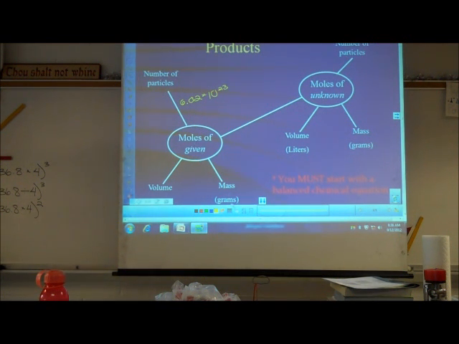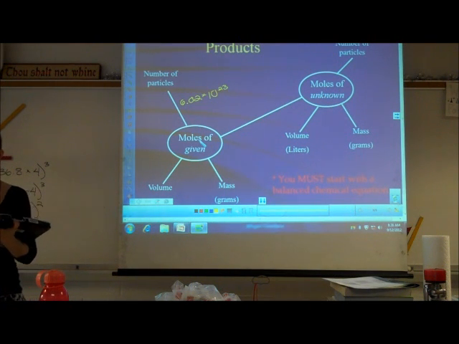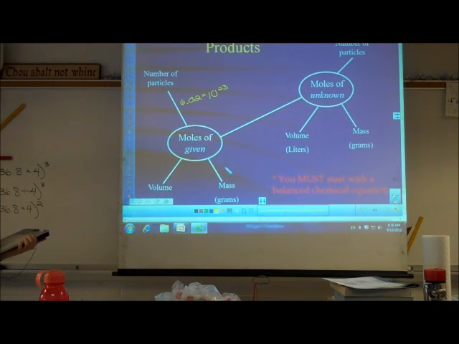How do you convert back and forth between moles of anything and grams of anything? What's the conversion between grams and moles? Sean? Use your periodic table, the molar mass. I'm going to call it MM from the PT. Molar mass from your periodic table.